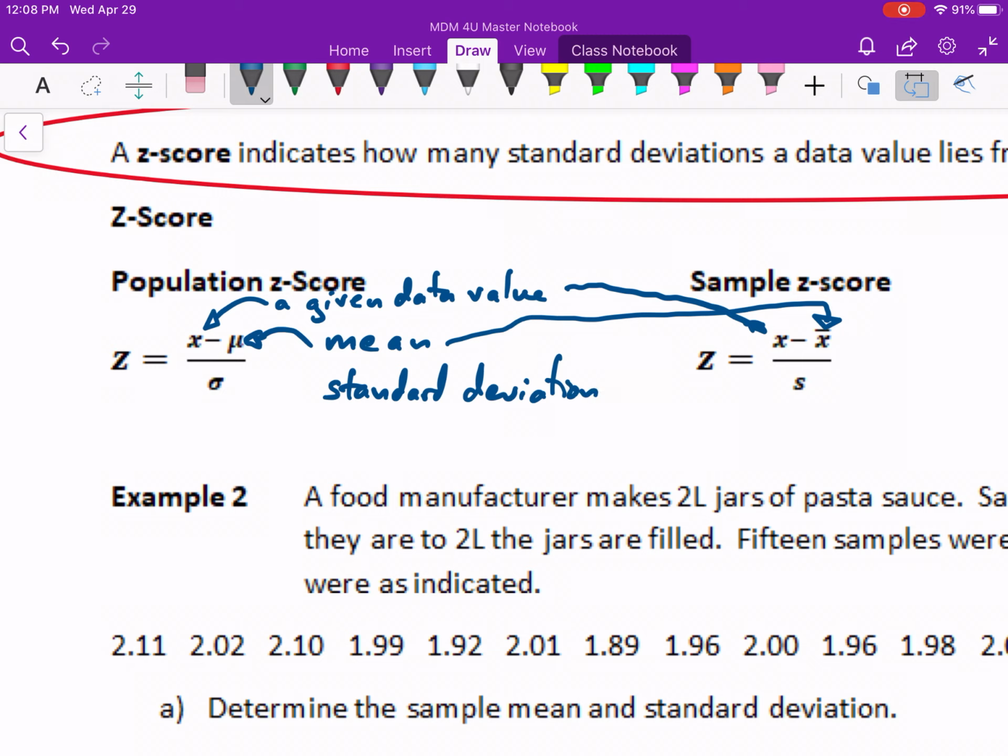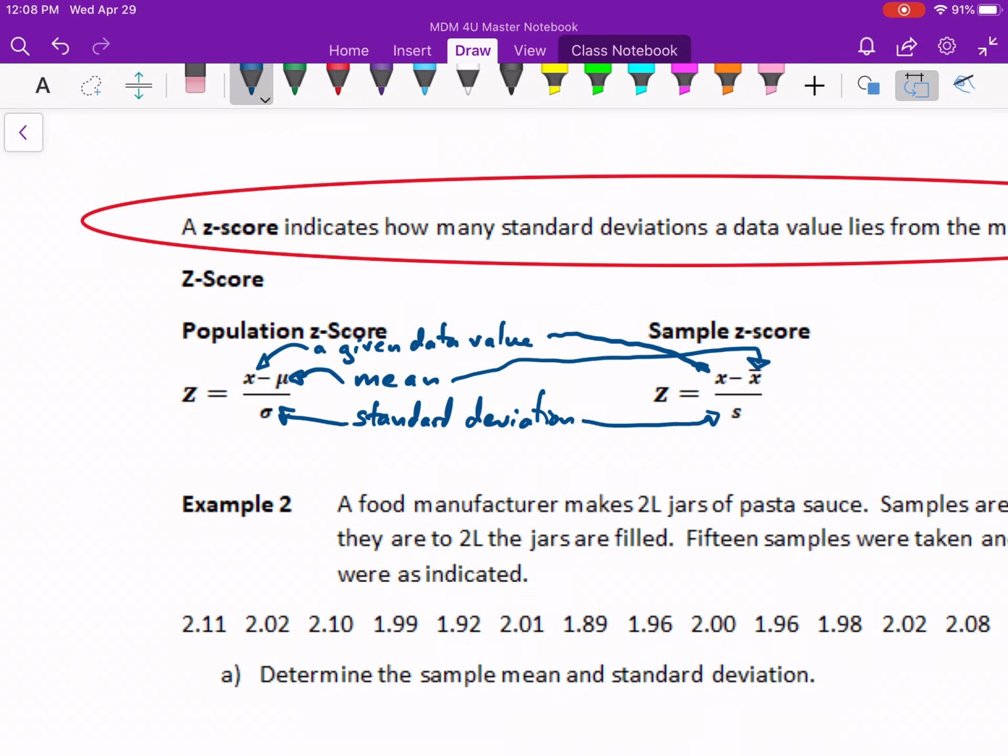So that's sigma, but that's also what S is. So the exact same formula in each case. Z, again, is how many standard deviations a piece of data is from the mean. So literally, we're taking a piece of data, subtracting the mean, and dividing it by the standard deviation.